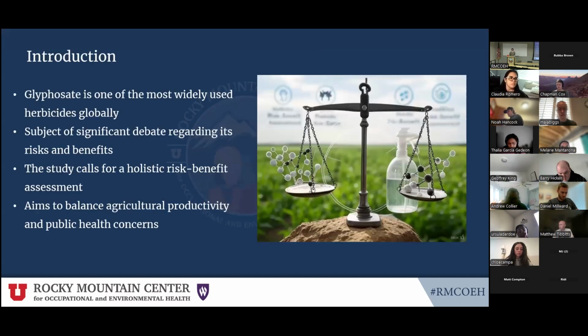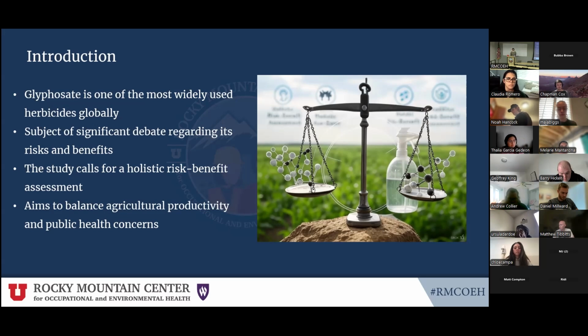Okay, so a little introduction. The debate surrounding glyphosate centers on two main issues: its potential health risks and its significant role in agriculture. Some studies suggest a link between glyphosate and non-Hodgkin's lymphoma, while others argue there is no conclusive evidence providing the connection.